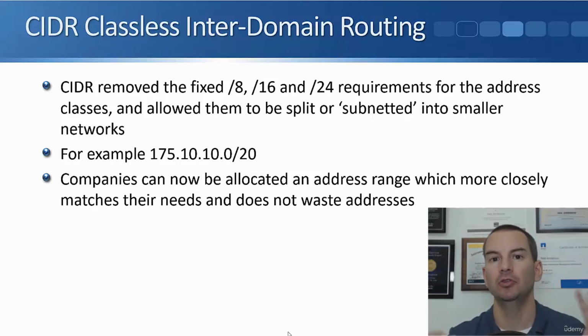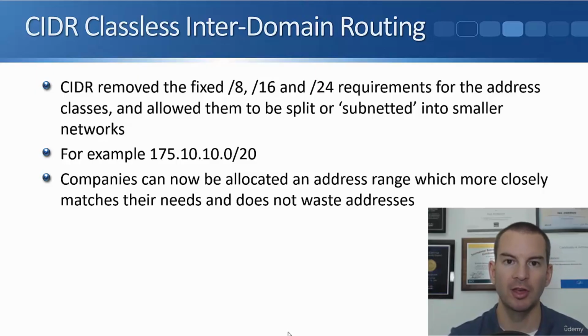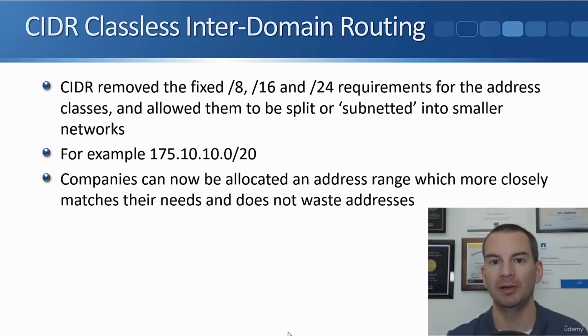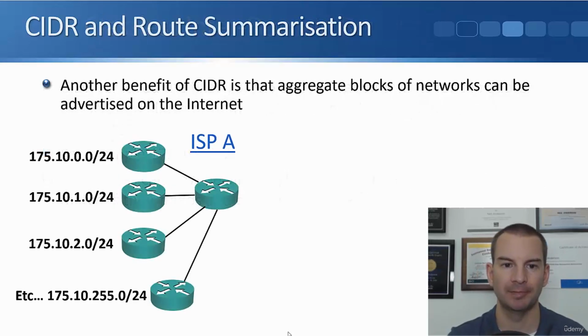So rather than giving out the huge range, we split the classes into smaller networks that could be given to different organizations, which meant fewer addresses getting wasted. So companies can now be allocated an address range that matches what they actually need and doesn't waste extra addresses.